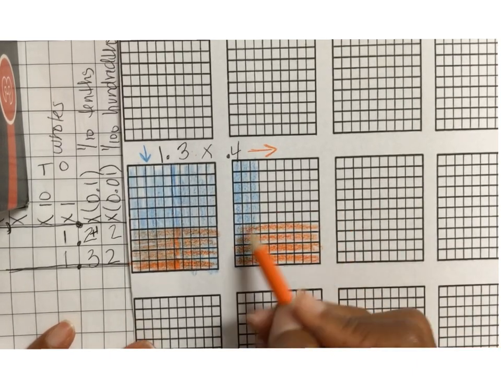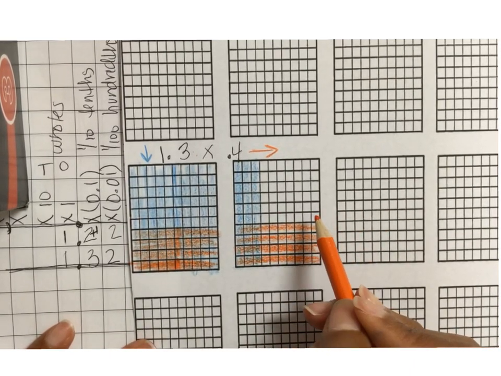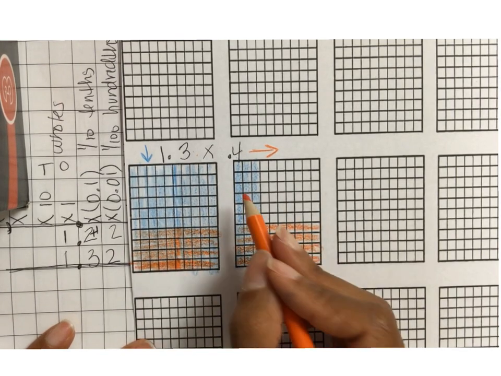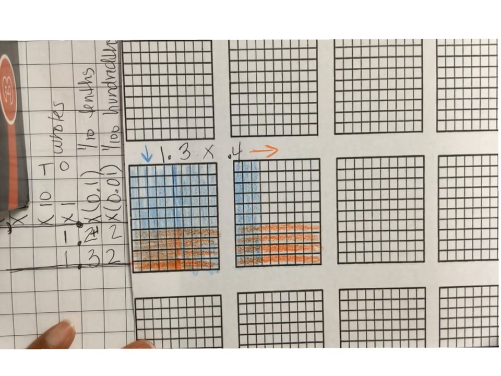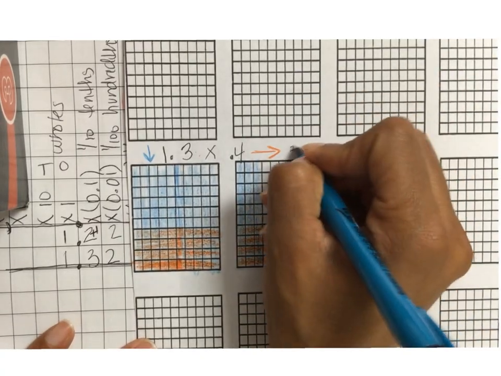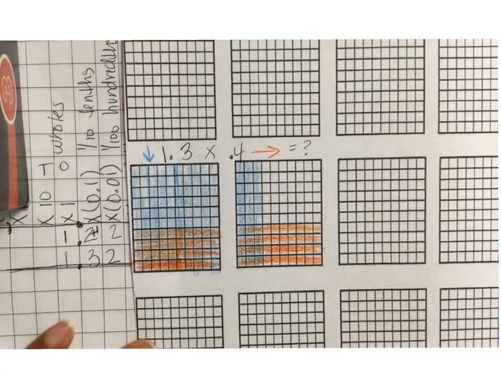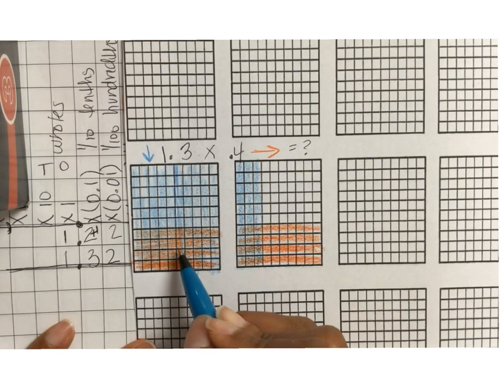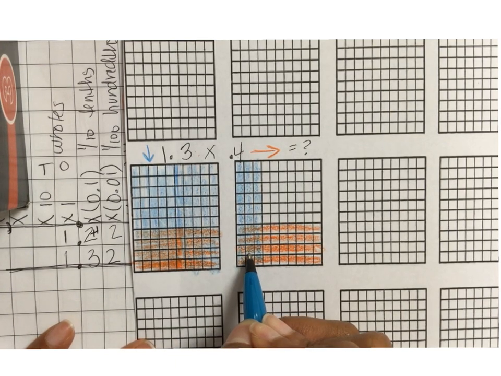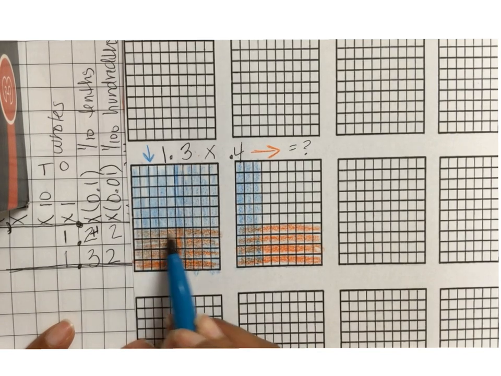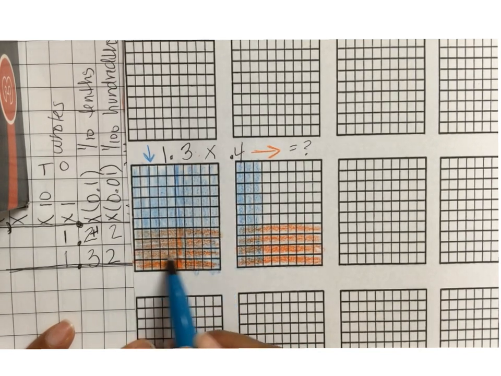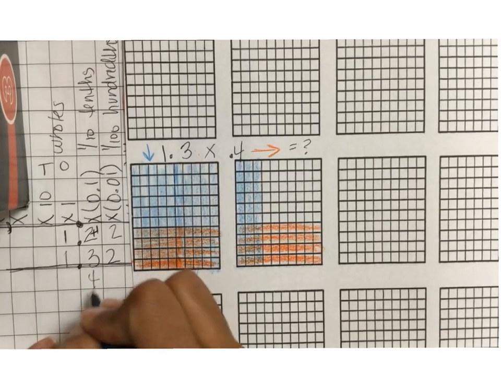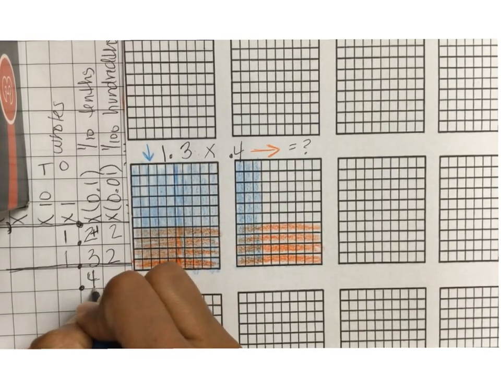If you notice, there's an area here real nice where it's just the orange color, and I have an area here that has both blue and orange. In order to find my product, or in other words, what my answer is, I have to count the hundredths or the tenths that are both colors. So here I have 1, 2, 3, 4/10, and I can't forget my decimal, I have my 4/10.